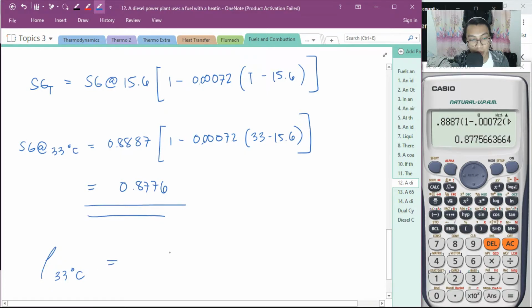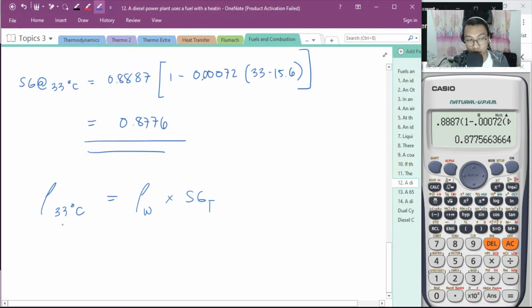Paano makukuha yun? Diba, given to, i-multiply mo na lang siya ng density ng water multiply to SG at that temperature para makuha mo yung kanyang density. 0.8776 multiplied to 1,000 kilogram per cubic meter for water.